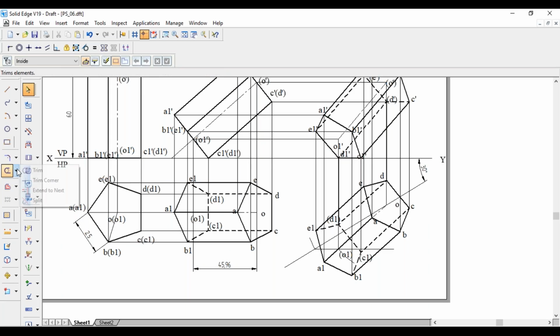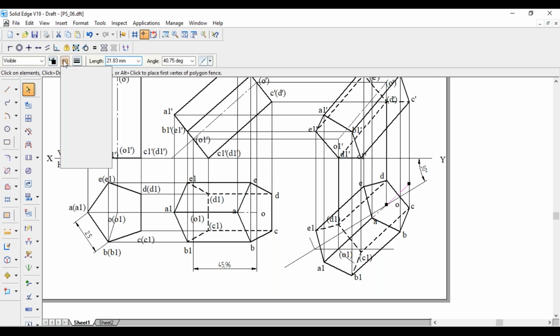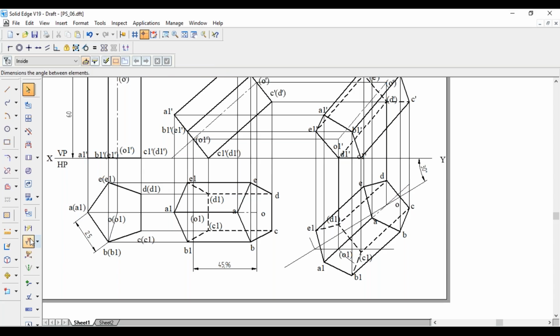So extend this O1 line, this line, get the value of angle between xy and this O1.